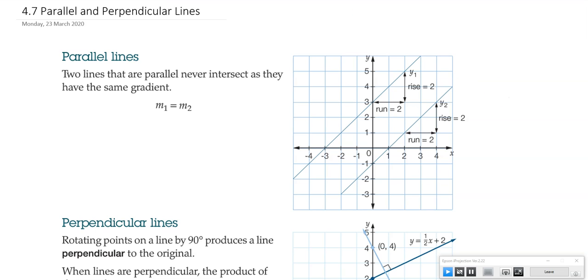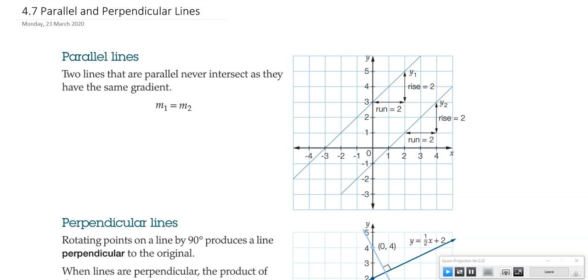So two lines here. We are essentially looking at the relationship between, or the similarities between the equations with parallel and perpendicular lines. So parallel, we know what parallel means, do we? Hopefully, maybe. So things heading in the same direction, they never cross paths, and they never deviate as well. So two lines that are parallel never intersect as they have the same gradient.